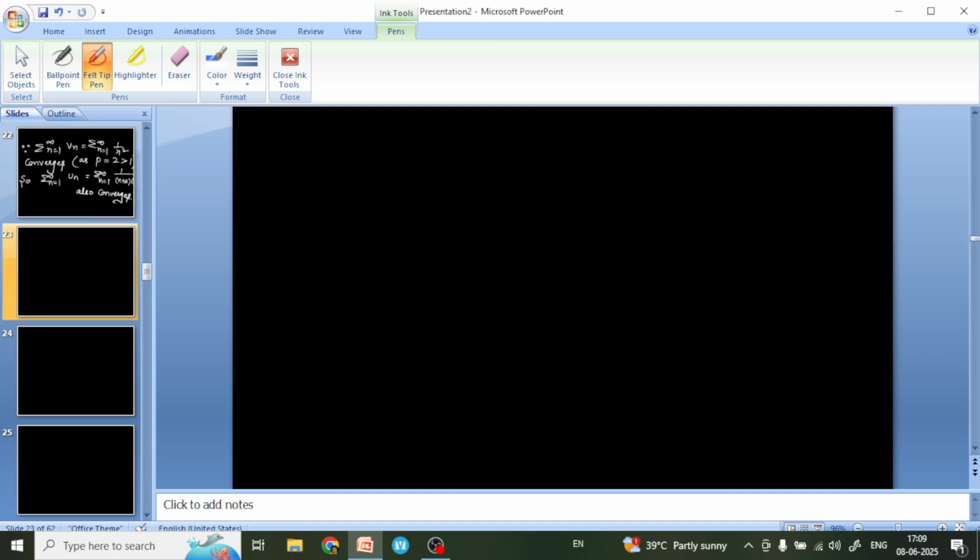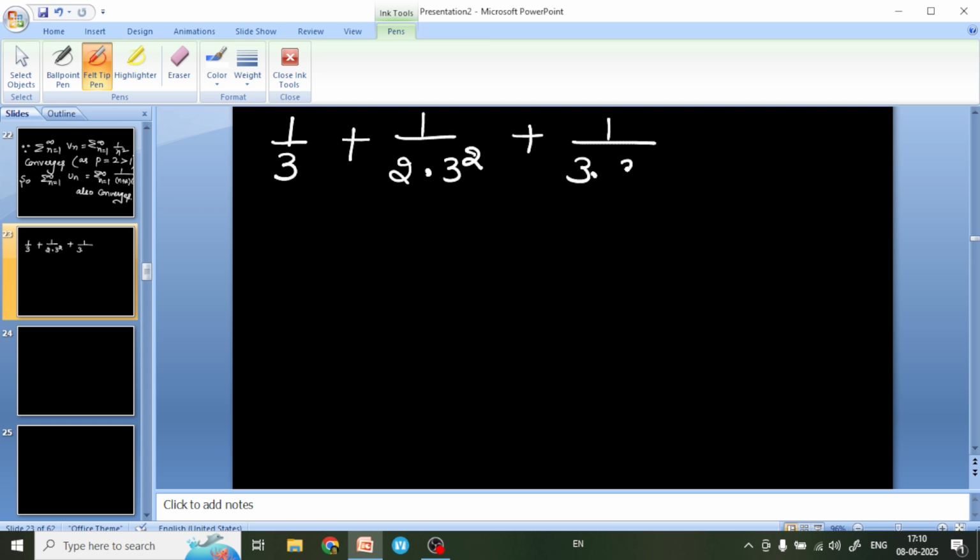Now I am going to take one more example for solving. Test the convergence of the following series. For example, you are given 1 by 3 plus 1 by 2 into 3 raised to power 2 plus 1 by 3 into 3 raised to power 3 plus 1 by 4 into 3 raised to power 4.